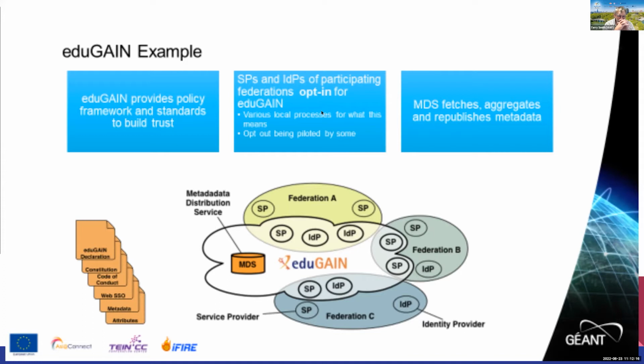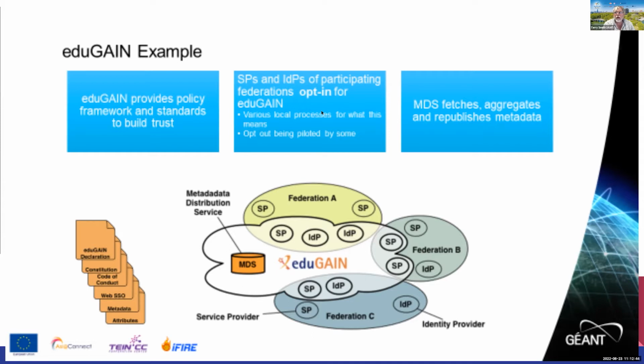That has caused some issues, and these are the things that we are working through, defining baseline levels of setup, configuration, etc., to ensure a high level of success when a user tries to access a service that's in another federation.